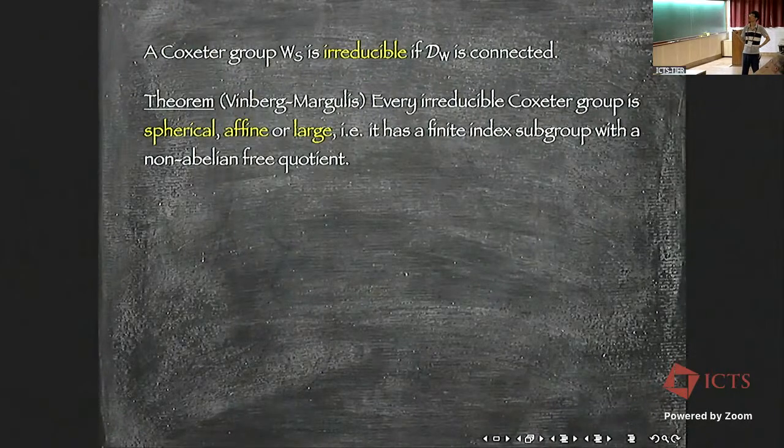The name Coxeter group actually comes from the fact that Coxeter classified the spherical and affine Coxeter groups. So as you can guess, we are interested in the large Coxeter groups, because for the other two cases, there are classifications, and it's also easy.